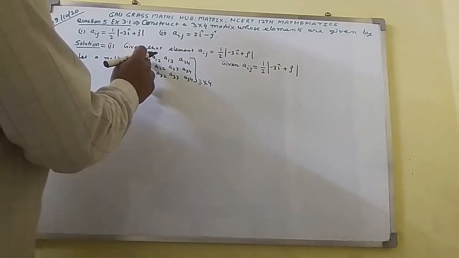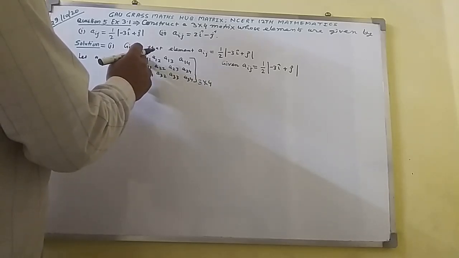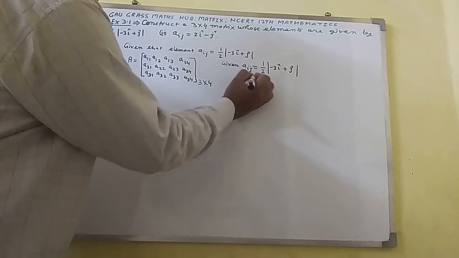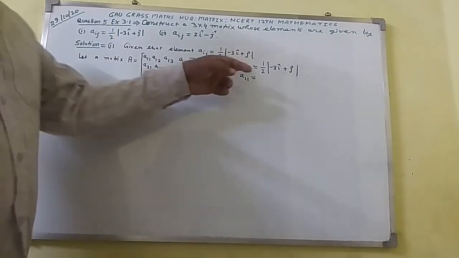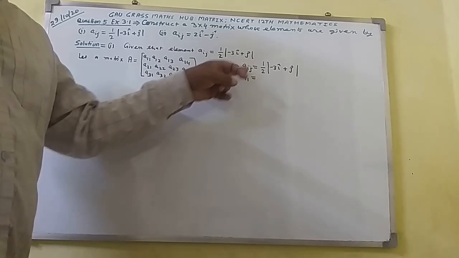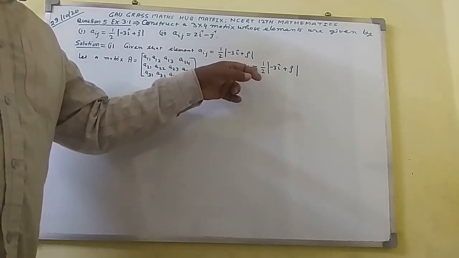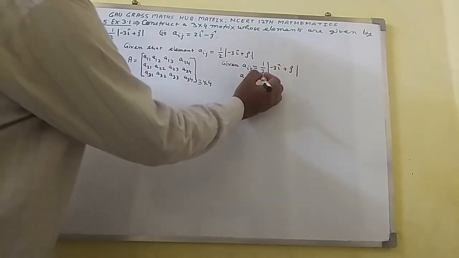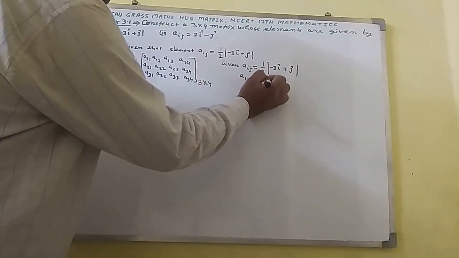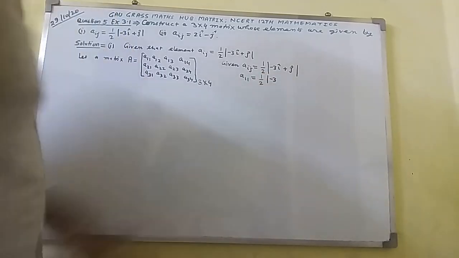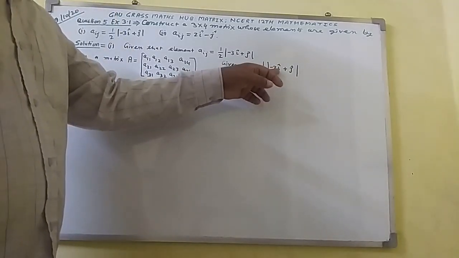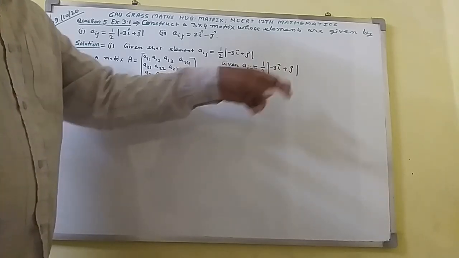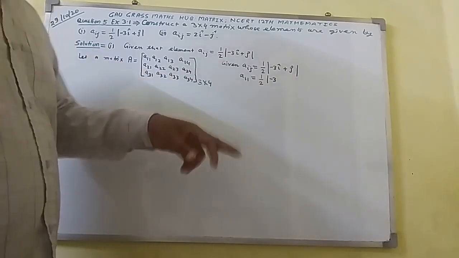So for example, for the element a11, in place of i I have written 1, in place of j I have written 1. The same value will be transferred here also: 1/2 |-3 times 1 + 1|, because i represents the row position and j represents the column position.